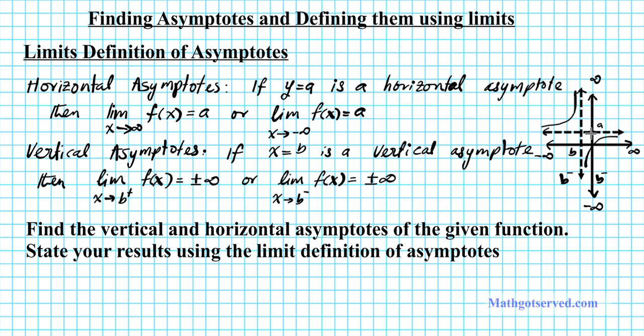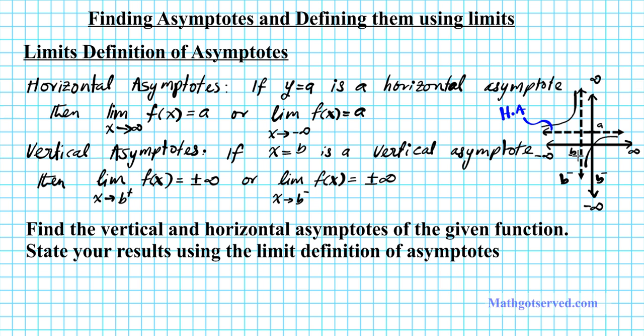For the horizontal asymptote, this horizontal line right here, how is the function behaving as x approaches infinity? You notice that the function is approaching this horizontal line y equals a. So a function approaching a constant value as it approaches plus or minus infinity, that is your horizontal asymptote, HA for short.